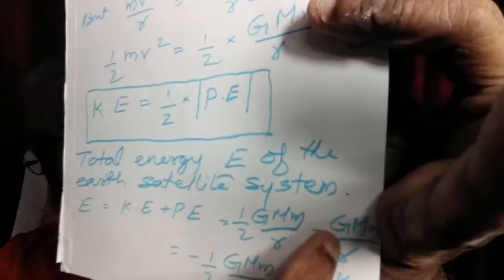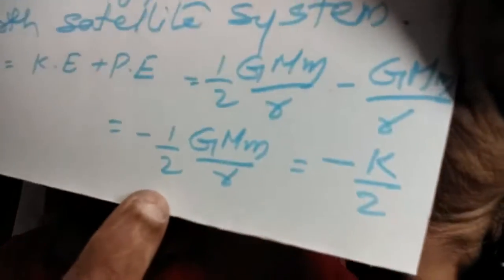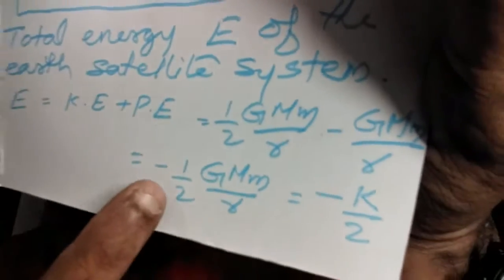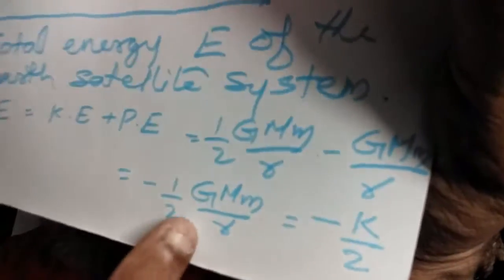That means half minus 1, that is minus half. So total energy is minus half GMm by r, or minus k by 2. So the total energy of the Earth satellite system is minus k by 2, where k equals GMm by r.